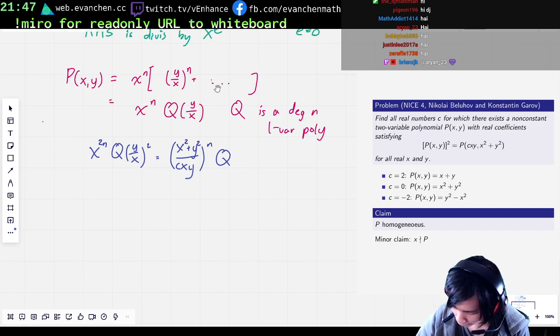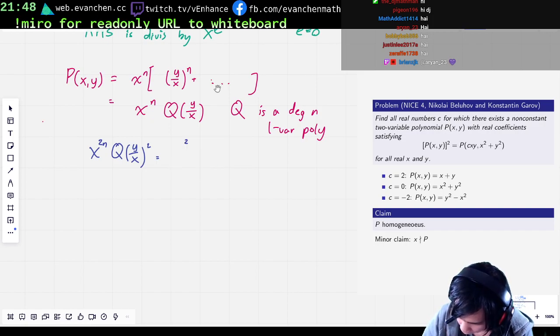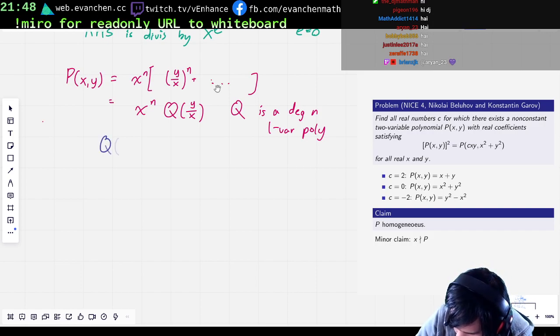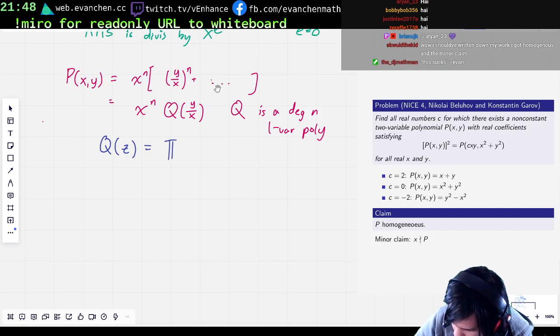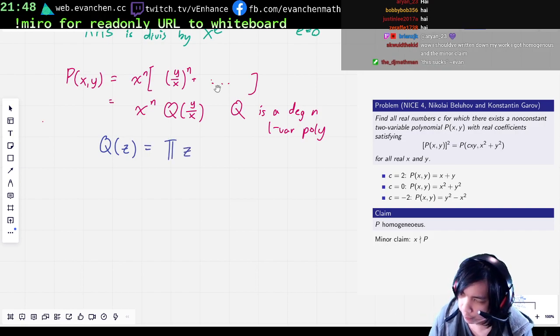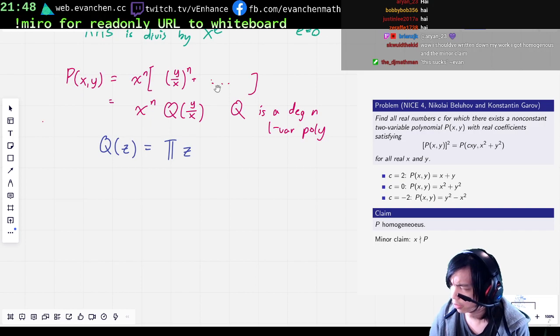Do I want to do it this way? No, I don't. Let me backtrack a little. Let's decompose q first. So we can write q exactly as a polynomial. Without loss of generality, you can assume it's monic because, oh no, you can't. Never mind.